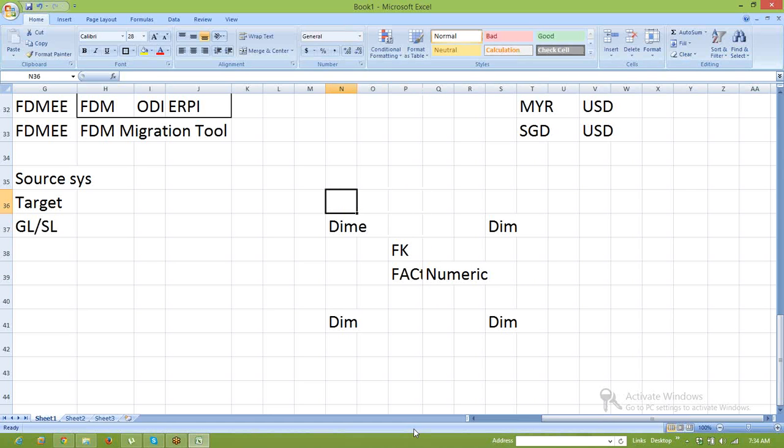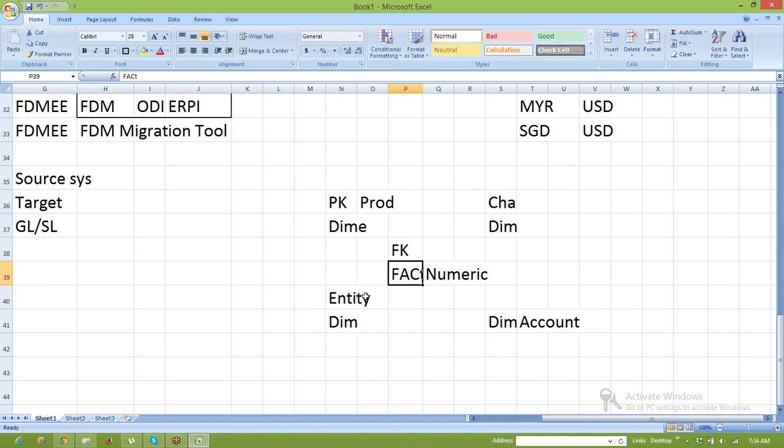Okay, it is having a primary key. So every dimension is referring to this fact table. This dimension is referring to this fact table. Say for example, here I am taking product, channel, year, account, and entity dimension, right?